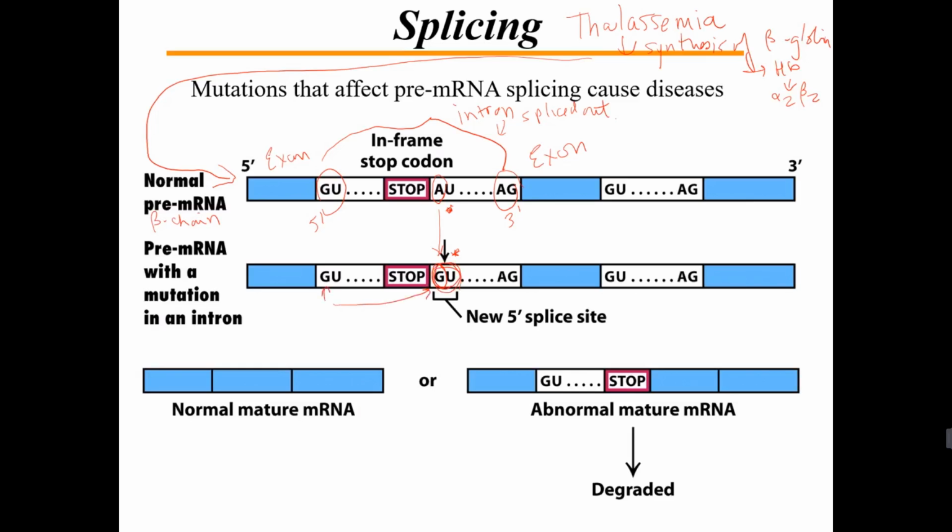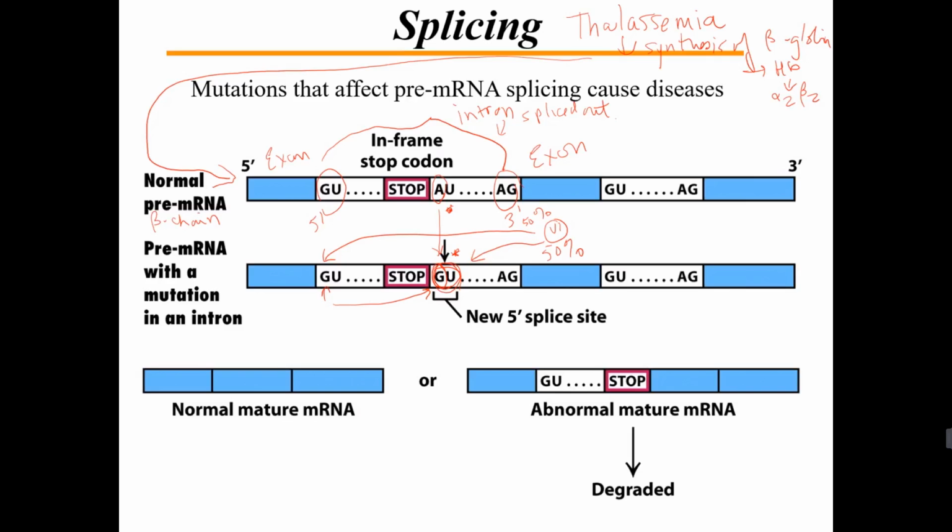And this, of course, results in the possibility of U1, which recognizes this 5' splice site, either starting to assemble here 50% of the time, or assembling here 50% of the time. Okay?